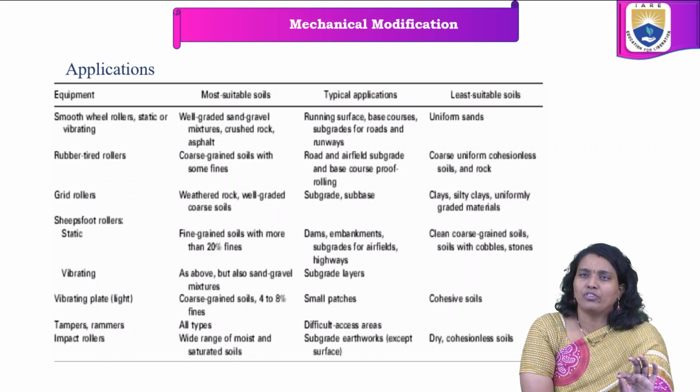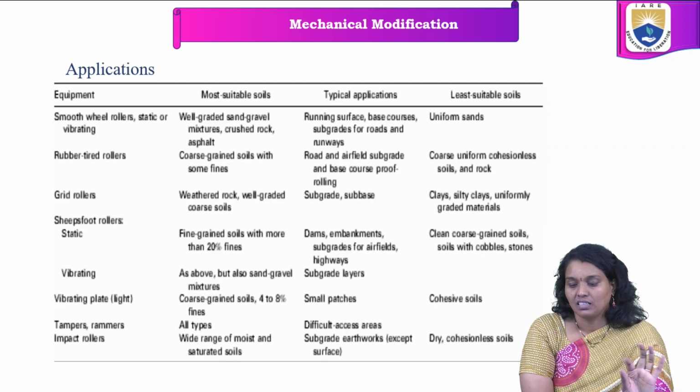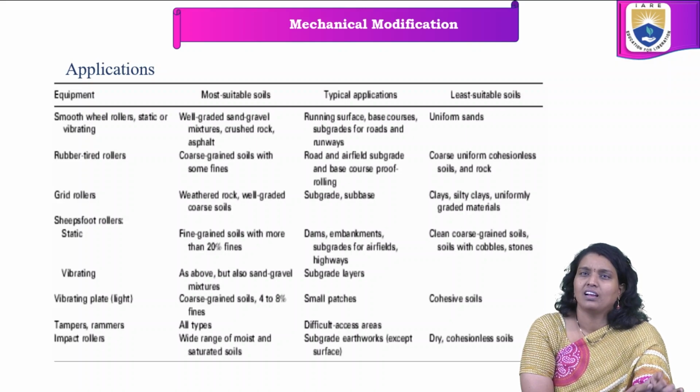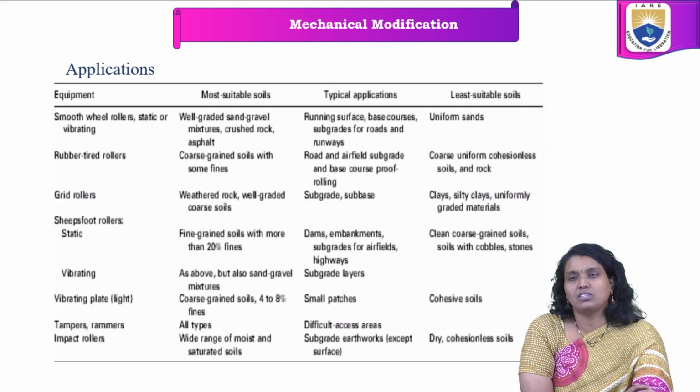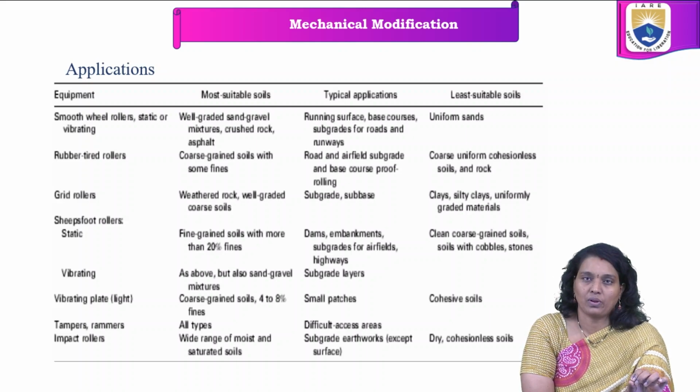Least suitable soils are uniform sands. For such types, we are choosing these smooth wheel rollers.